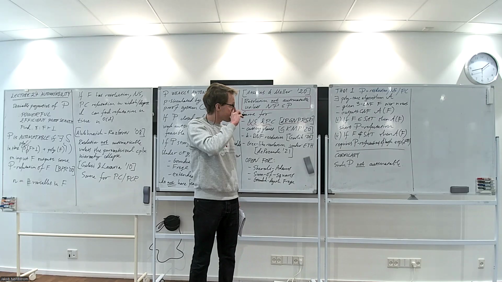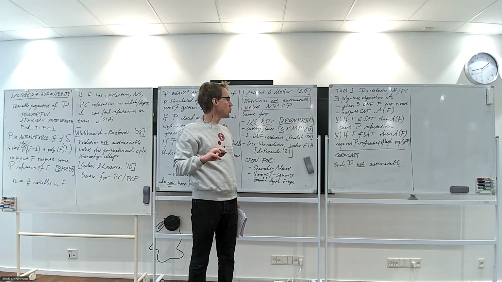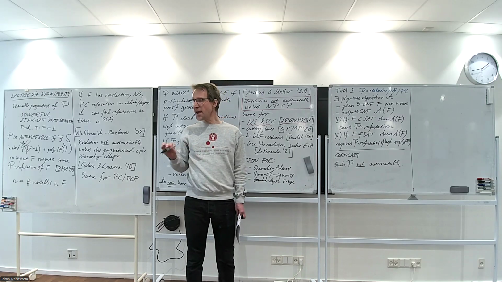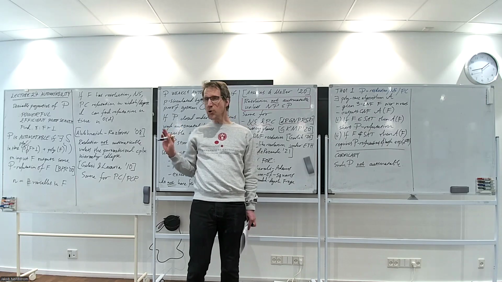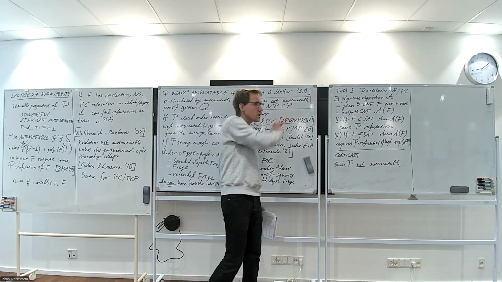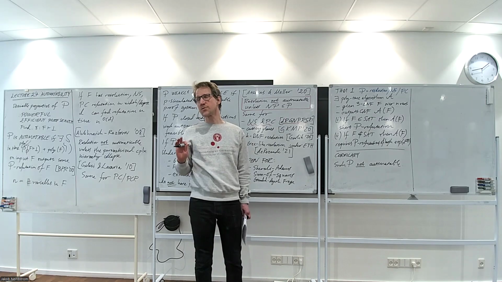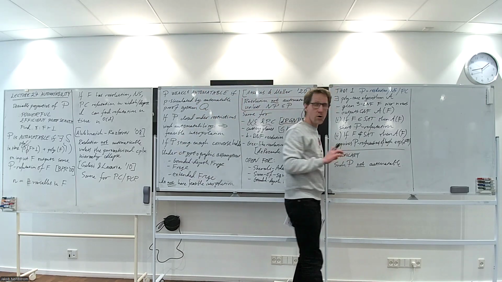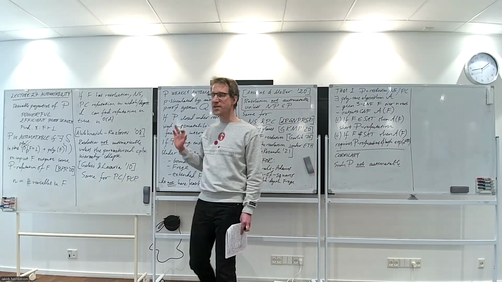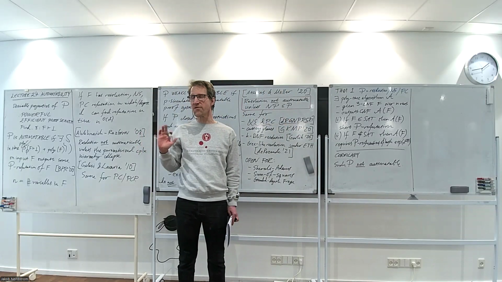Well, you basically say, suppose that resolution admits efficient proof search. Then we'll use that together with this reduction, A, to solve SAT. How? Well, we know that resolution is automatable, so there is some polynomial running time in which it will find proofs.